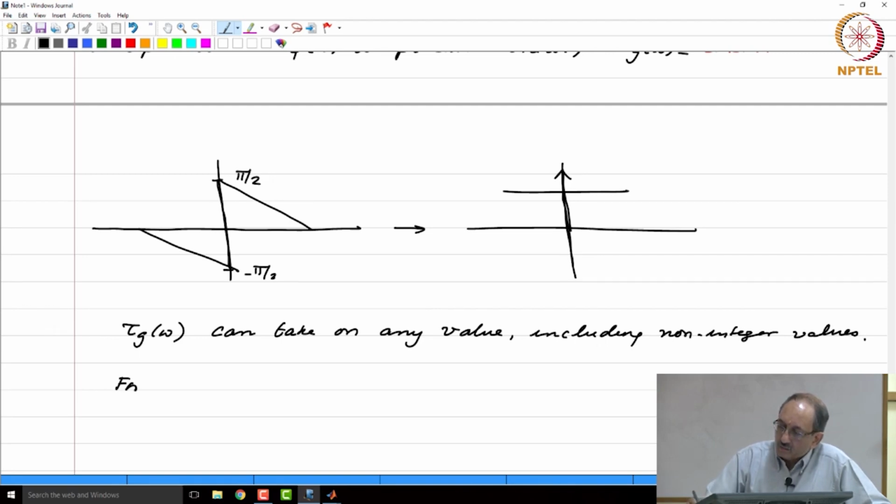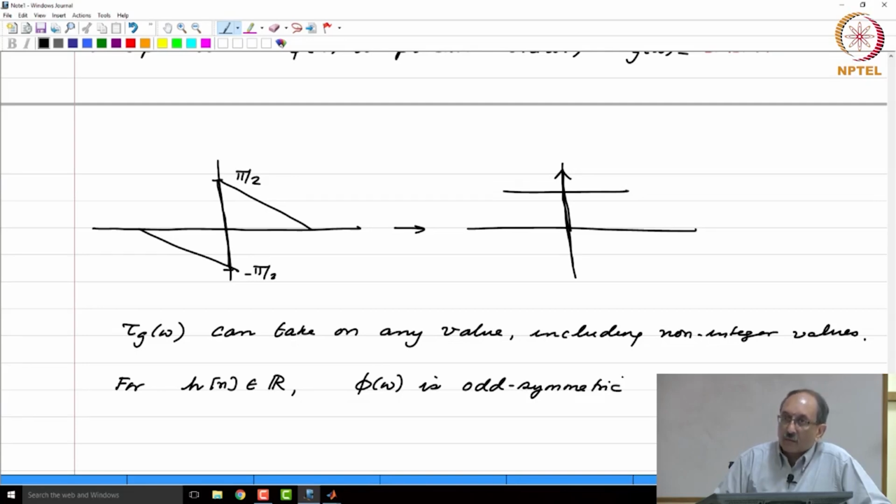And for systems with real valued impulse response, for each of n that is real valued, phi of omega is odd symmetric. This implies that tau g of omega, which is its derivative, will be, what will be the symmetry of tau g of omega?